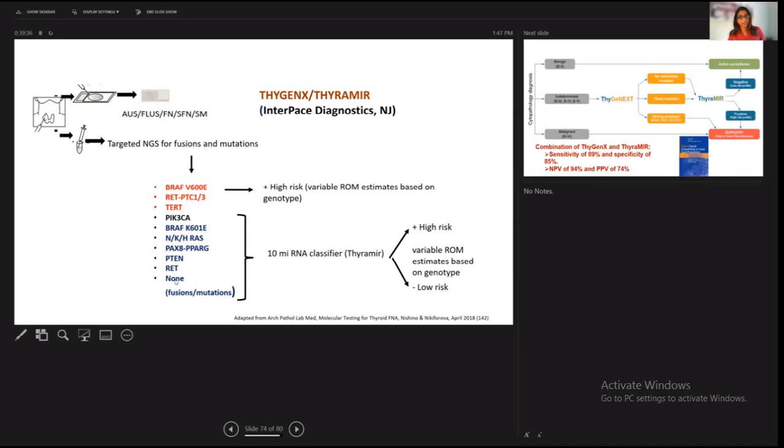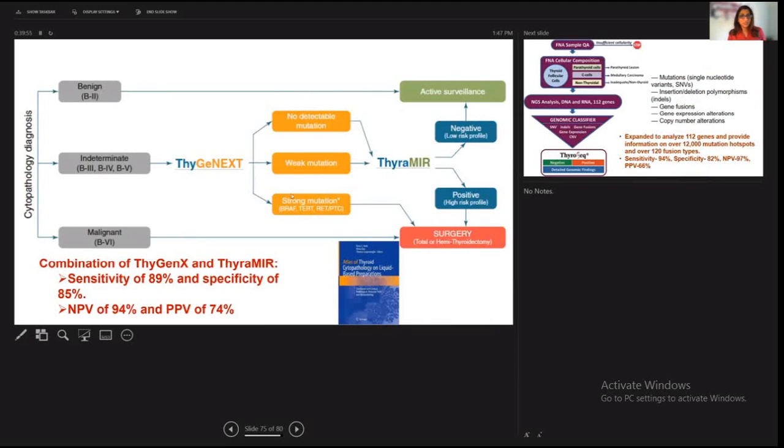Then if it's positive for any of these others, then it still goes for a microRNA classifier, irrespective whether it's positive or negative for the others. And then based on the positivity or negativity here, it either gets a high risk or a low risk report. And so this is just the other steps that I just highlighted.